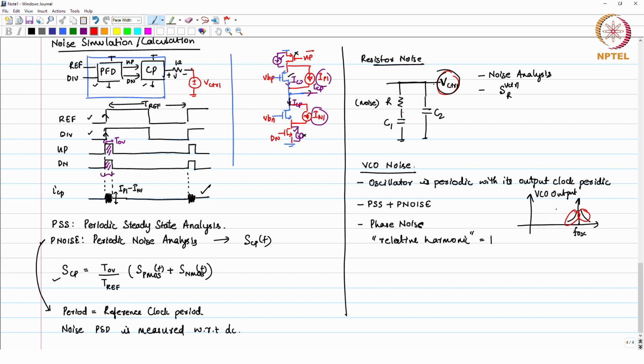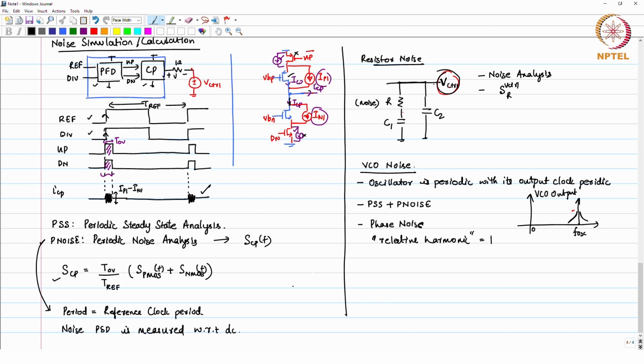I think that we will understand better when we are with the simulator, but the important part here is that the noise which we are looking at is relative to the output frequency. We are not looking from DC to higher frequency, we are looking relative to this frequency. It is phi out, measured with respect to the output period. We have been using that. Now, we are just translating that to simulations.